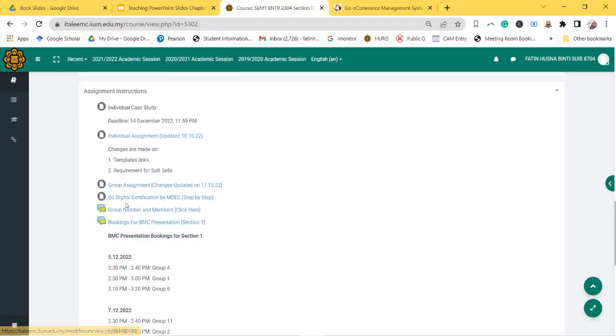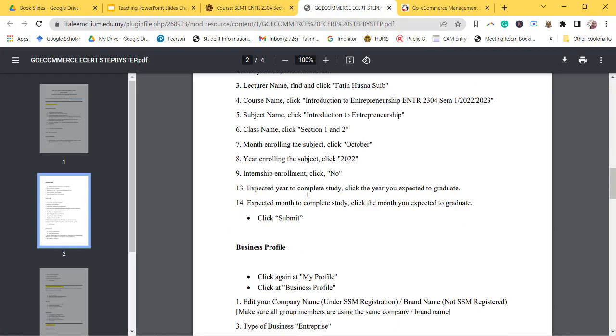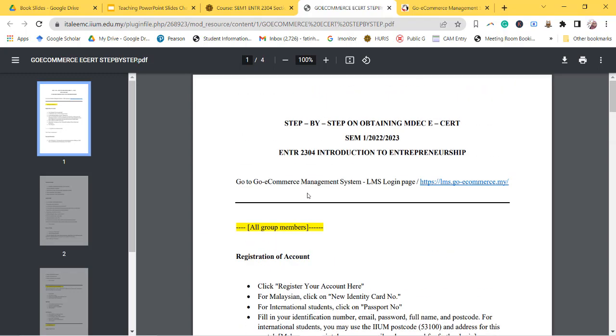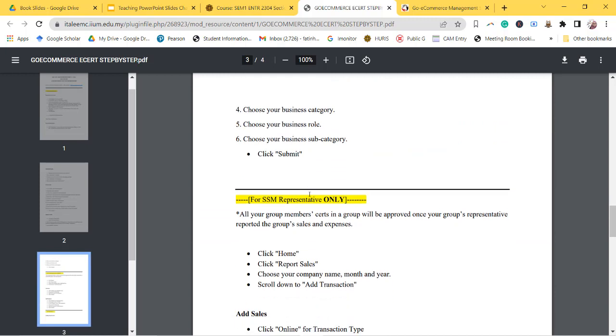I already put in here the Go Digital certification for MDEC. All members in a group must follow until here. For the representative, it can be anyone. One representative for a group.